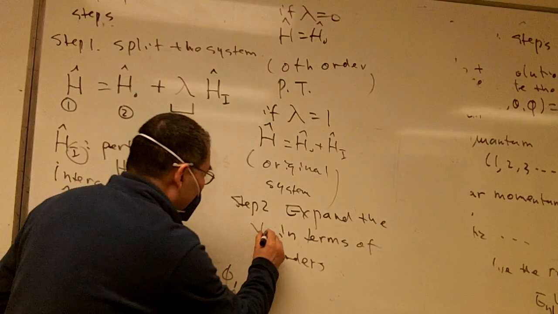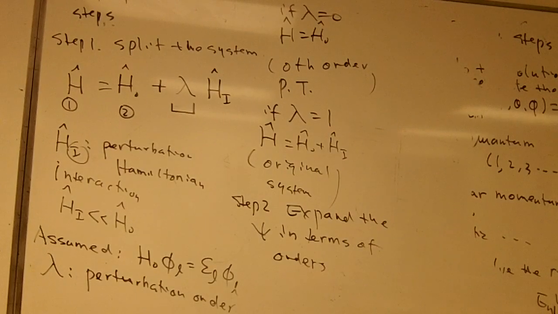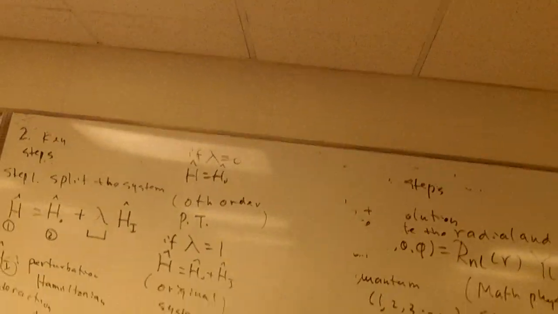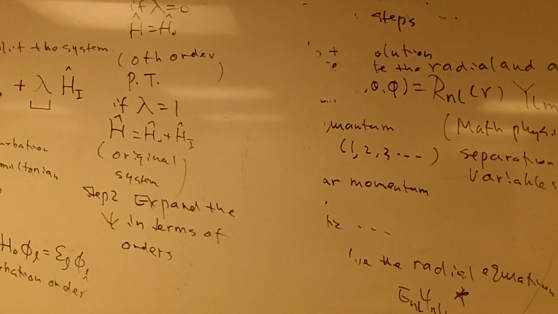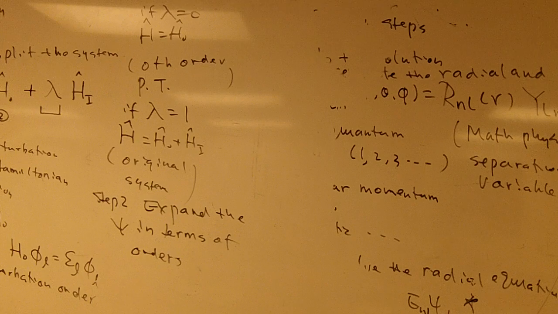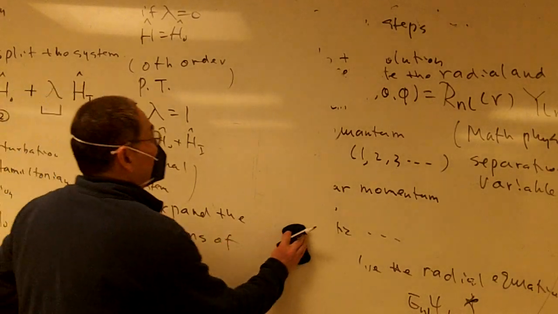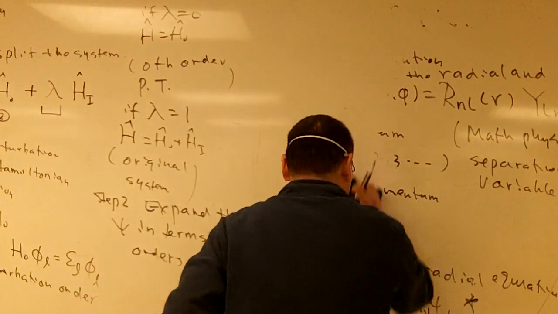So we expand the wave function psi in terms of these orders: zeroth order, first order, and keep on going, second order. And that's where the perturbation order is going to come into play. So this is what we will have, and this is where perturbation theory starts. So this is in terms of orders.